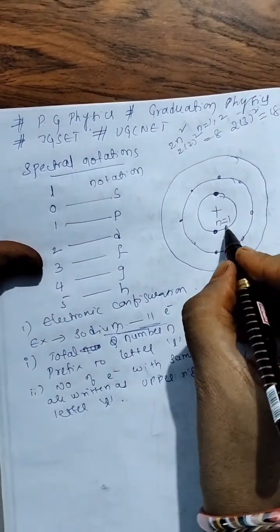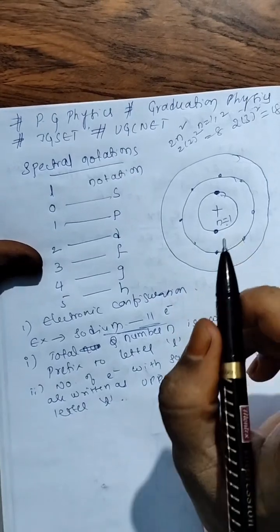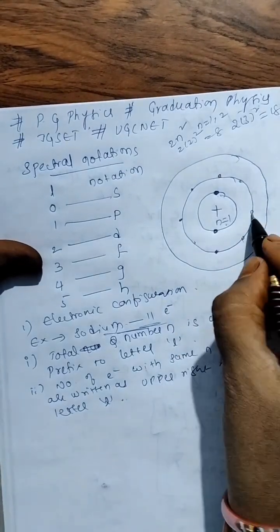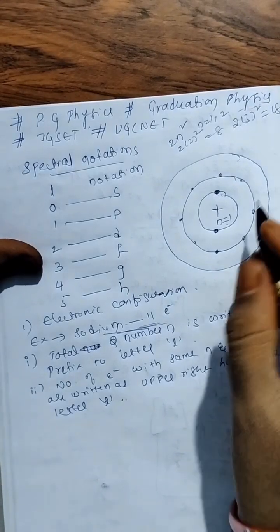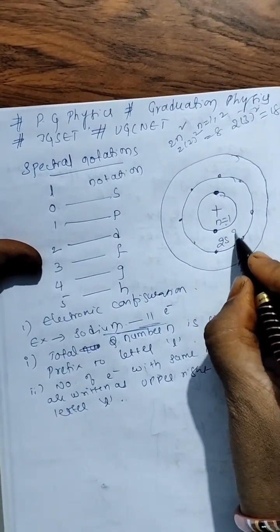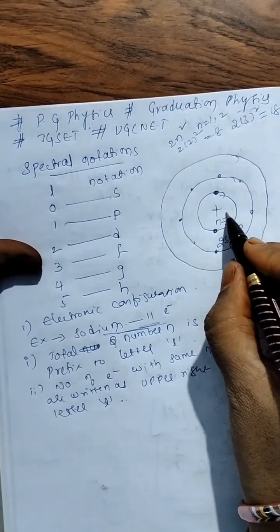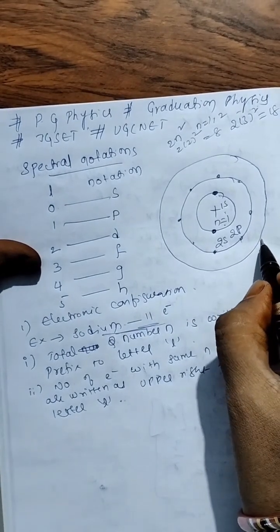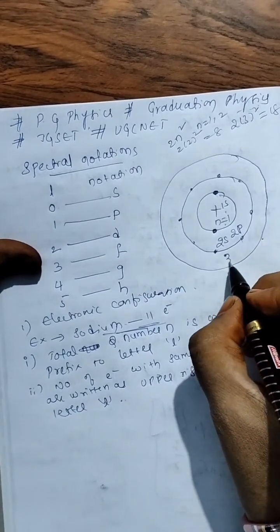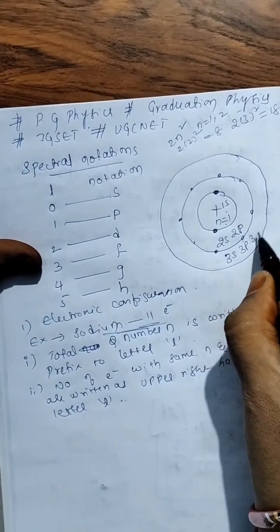So the first orbit is a single orbital. The second orbit is divided into two subshells, which we write as 2s, 2p, and the first one we write as 1s. The third orbit is divided into three subshells, 3s, 3p, 3d.